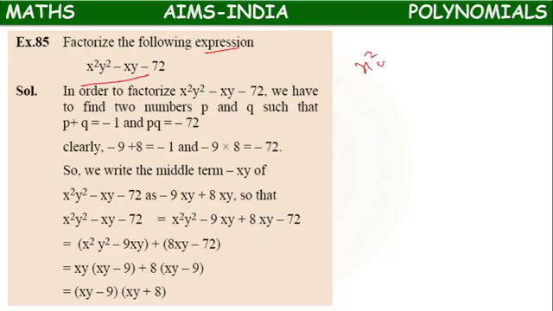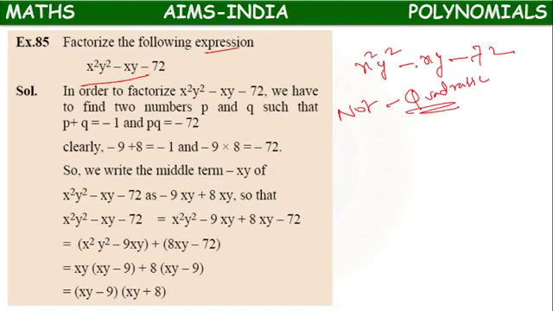So x square y square minus xy minus 72. This is not a quadratic polynomial, but we have to divide it into factors with the help of another quadratic polynomial, or by splitting the middle term.